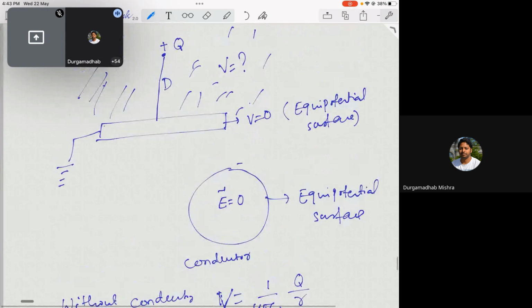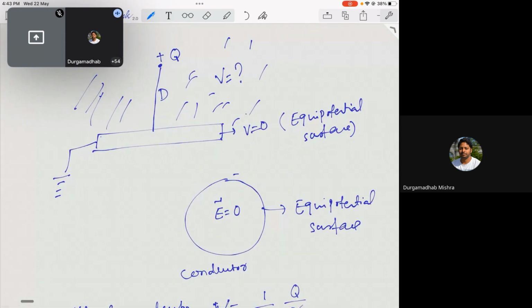But if I keep a conductor which is grounded, what would happen? Immediately I will have induced charges on the surface. That means now the situation is different and the potential will be different, because the potential has to take into account how much charge is induced on the surface.